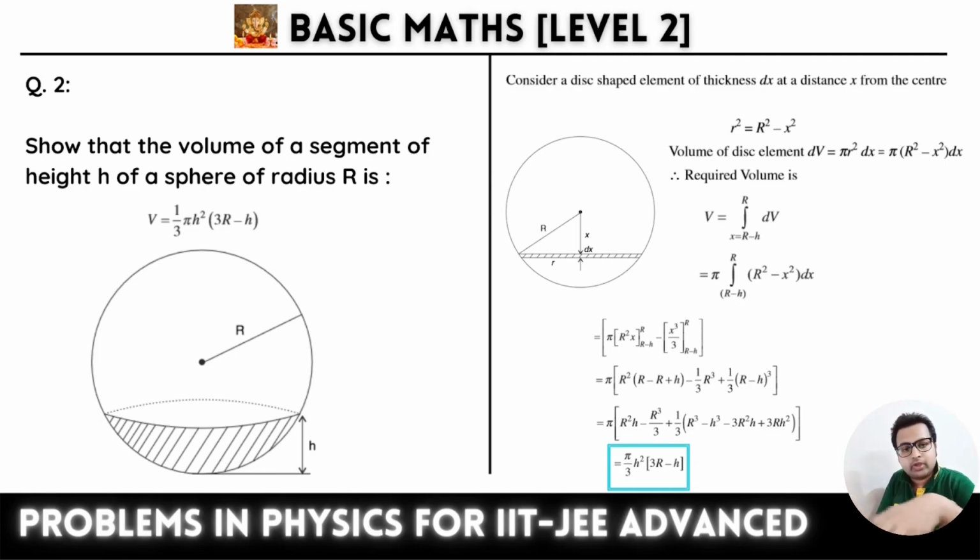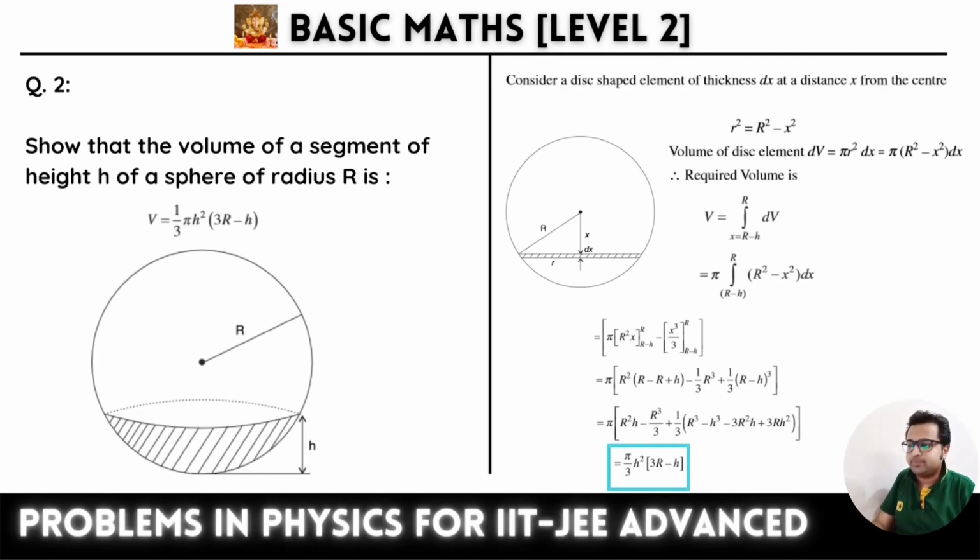Instead of r square, we can put capital R square minus x square, because we cannot use small r as it is unknown. In the question we are given the radius of the sphere, but not the radius of the disk, because the disk can be any disk. Every disk will have a different radius, so we have to eliminate that r and substitute it with R square minus x square.